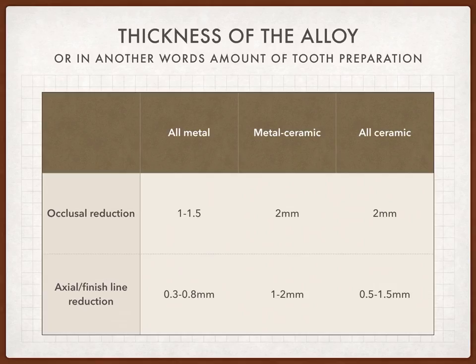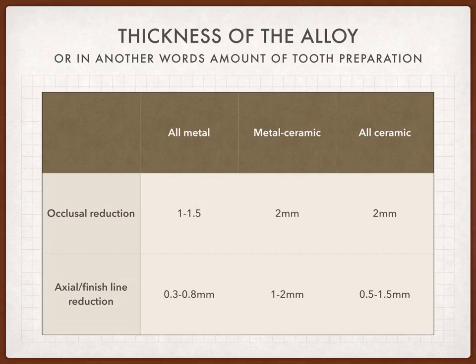In summary, what I want you to know, guys, is mechanically, and when you think like Zaha Hadid, you should know that the retention form of the restoration, or the form that will retain the restoration against the vertical forces, is gained by having as much parallel preparation as possible, to have as much frictional forces as possible, because the frictional forces are the thing that will retain the restoration to the tooth, not the luting agent.